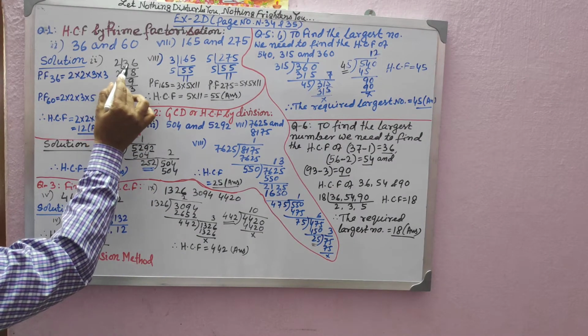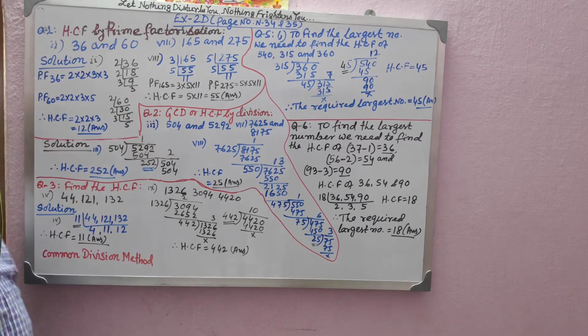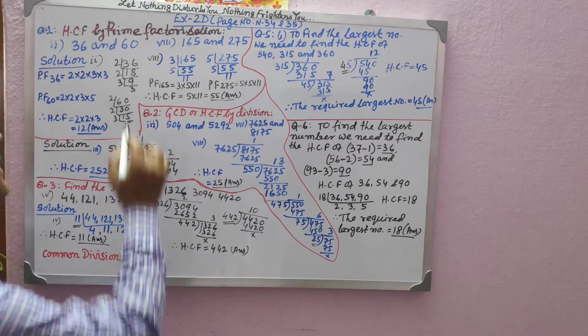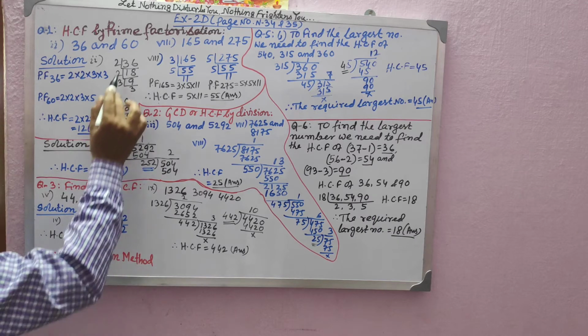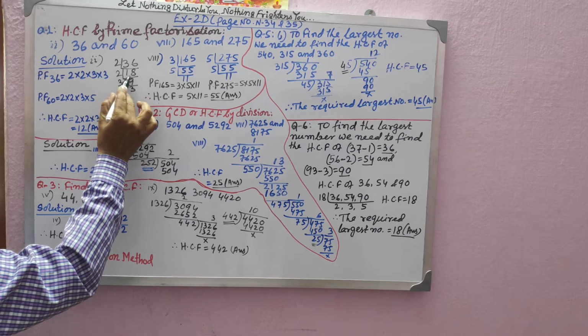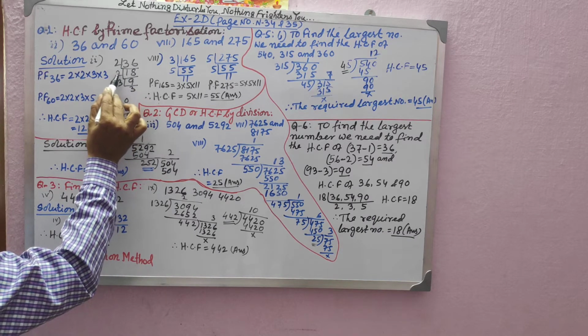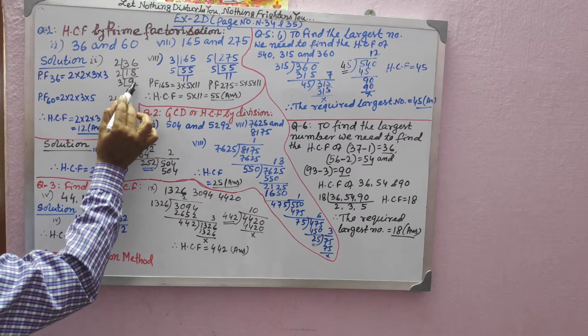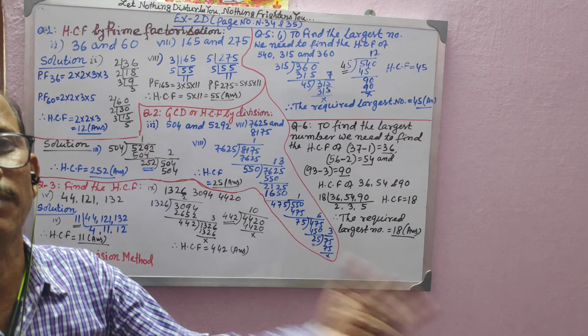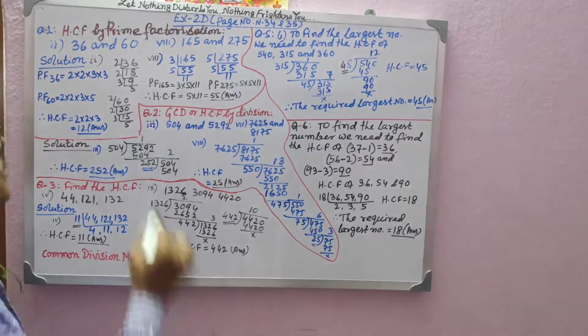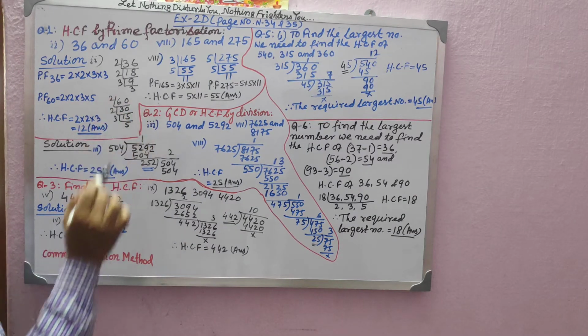So gradually you go, 36 can be divided by 2. With the test of divisibility, you see the last digit is an even number, so it will go with 2. 2 can divide it, so it will become 18. Again, 18 will be divided by 2, it will become 9. 2 9s are 18. Now 9 cannot be divided by 2. So next prime number you see is 3. 3 3s are 9.